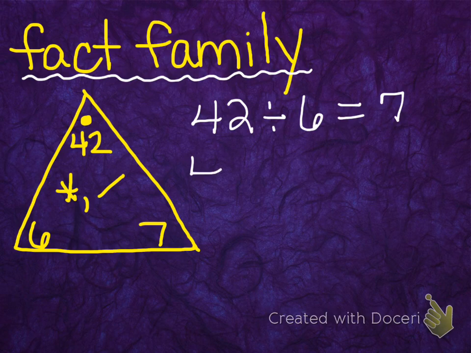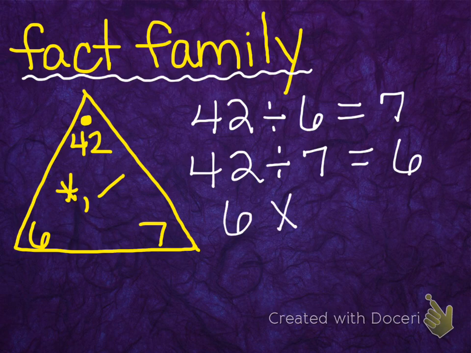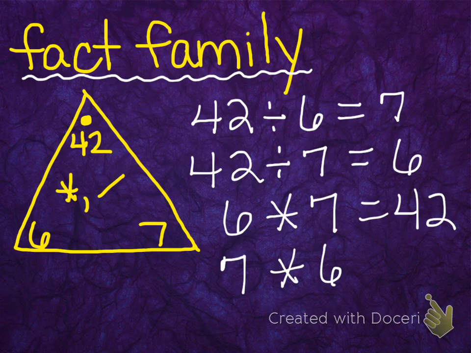I could write 42 divided by 7 equals 6. I could write 6 times 7 equals 42, and I can do the turnaround fact of 7 times 6 equals 42. All of these number sentences would be the fact family for this particular triangle.